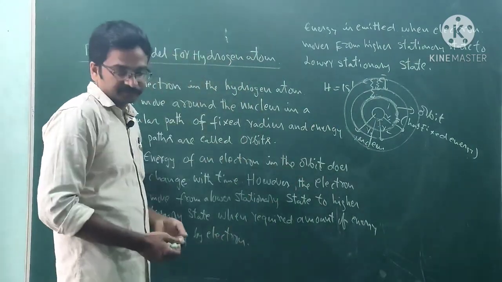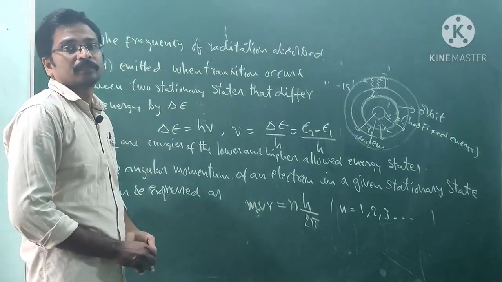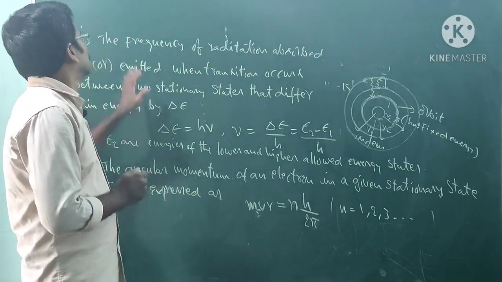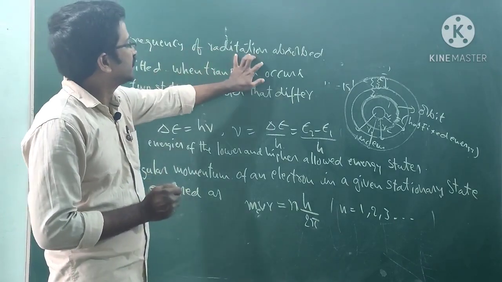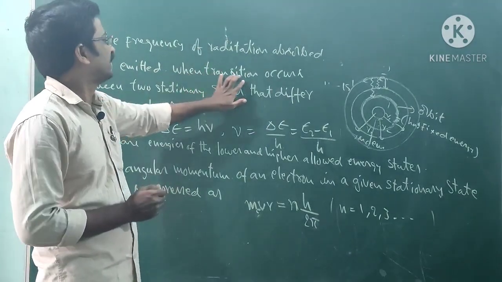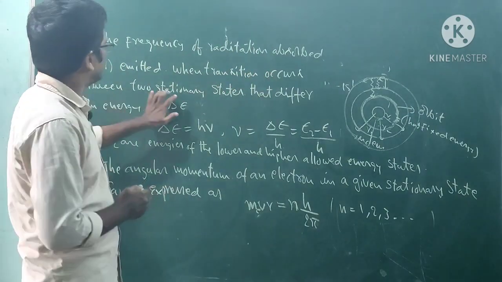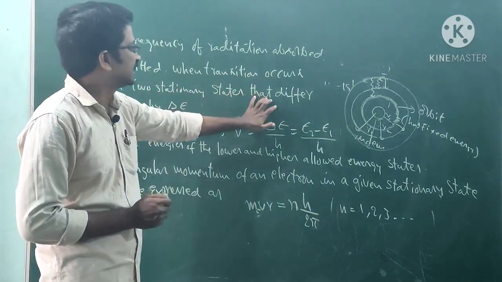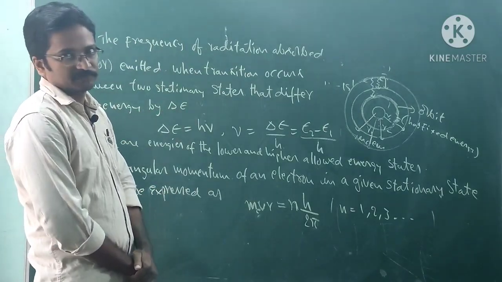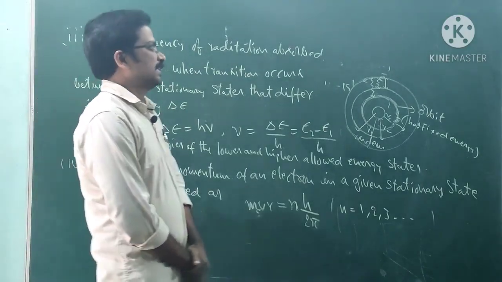Next point. This is the third point. What do you understand from the third point? The frequency of radiation absorbed or emitted when transition occurs between two stationary states that differ in energy by del E. Let us understand it.